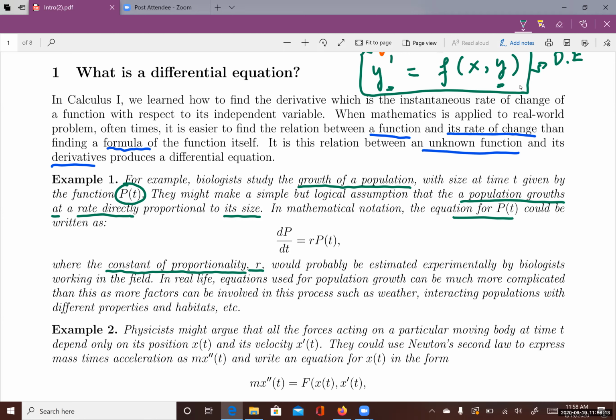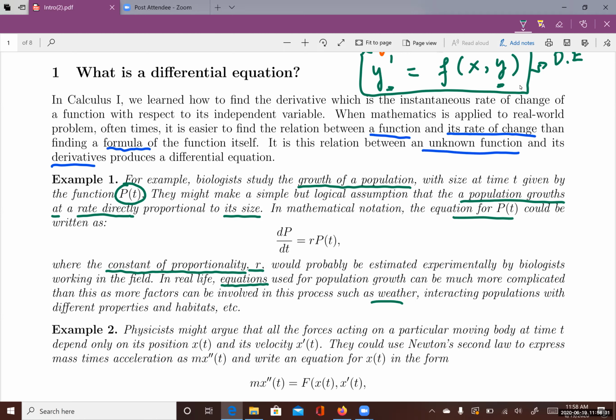But keep in mind that in real life, the equation used for population growth can be much more complicated because there are more factors involved in the process of a species' population growing, right?